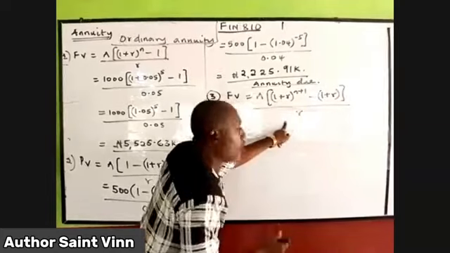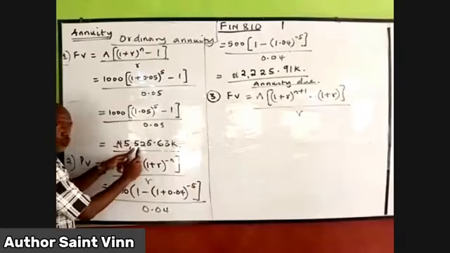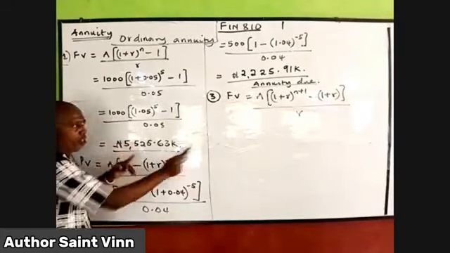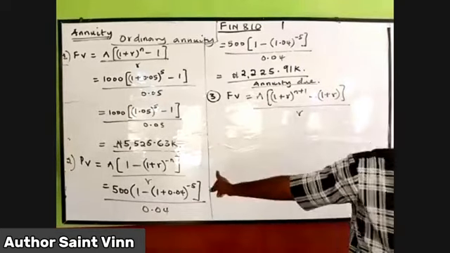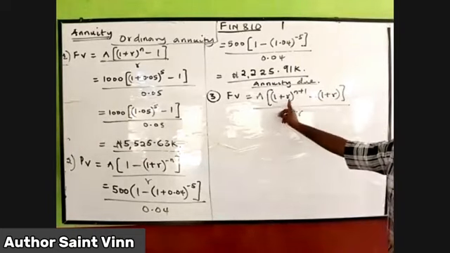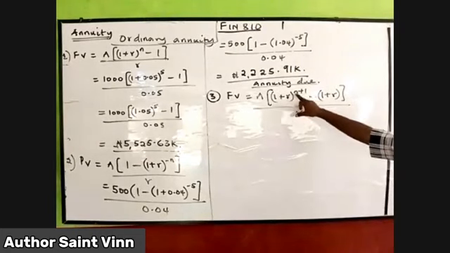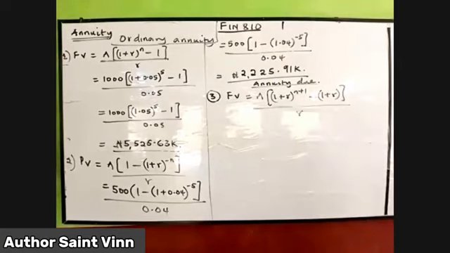Okay, apply this formula now. You'll get the same thing I told you to multiply this by 1.05. Our A is still 1,000. Our interest rate is 5%. Remember, this is n plus 1. That means there will be 6 years, abi. So that we know that every formula has been applied, there is no one we have not done.